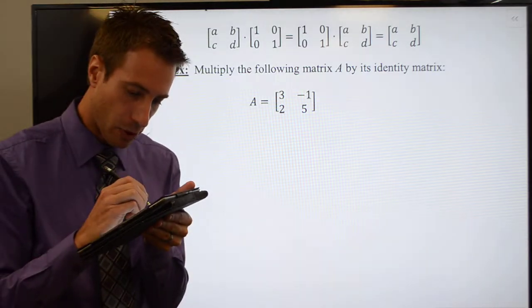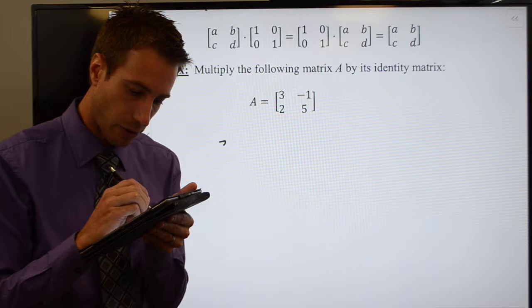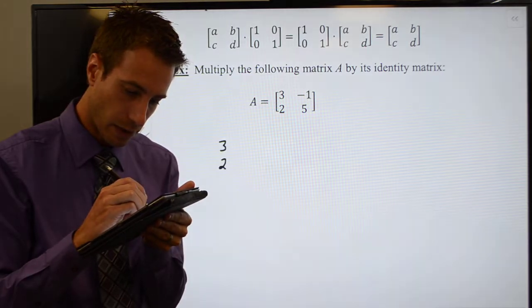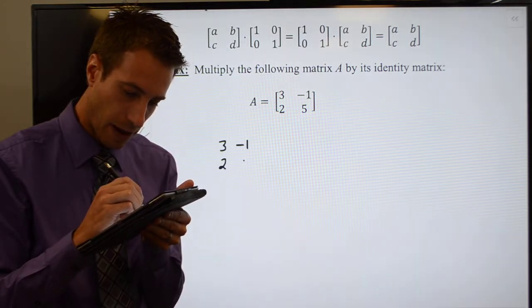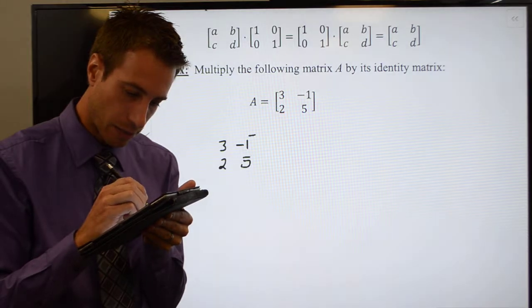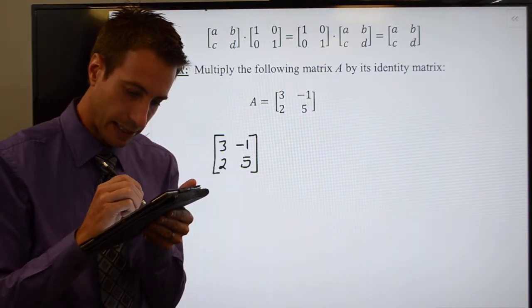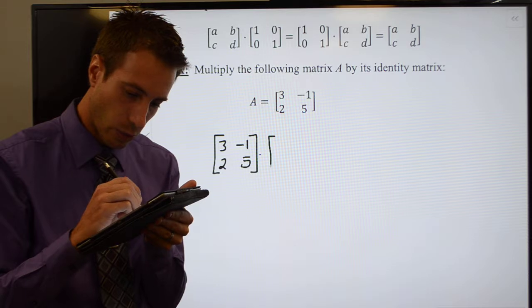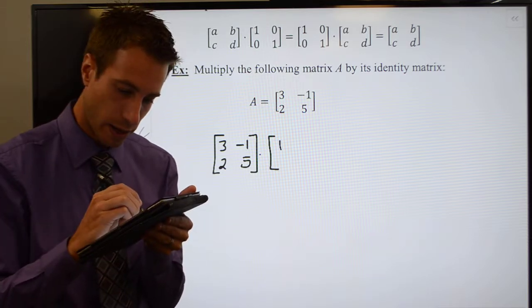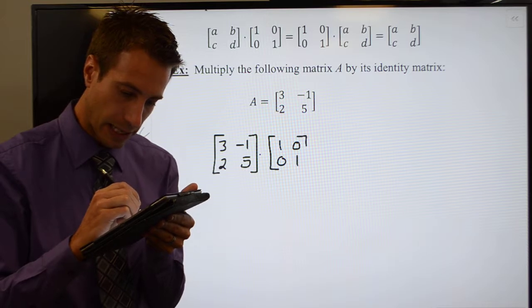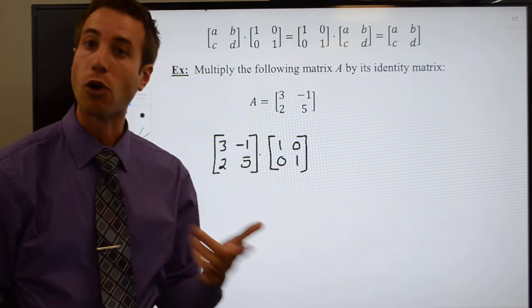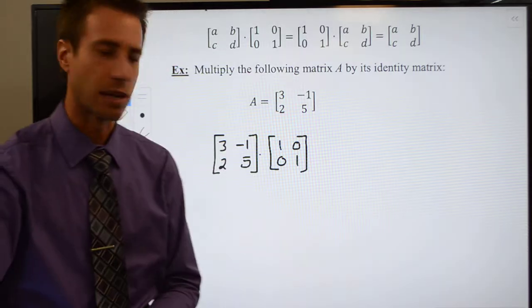So, here we go. I'm going to take the matrix 3, 2, -1, and 5, and multiply that by the identity matrix, which for 2 by 2 is going to be 1, 0, 0, 1. Remember, in the identity matrix, the major diagonal elements are all 1 and everybody else is going to be a 0.